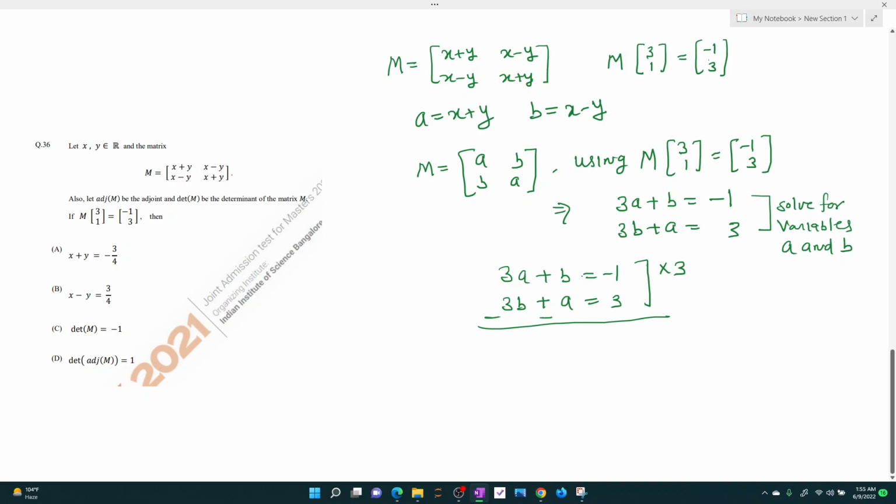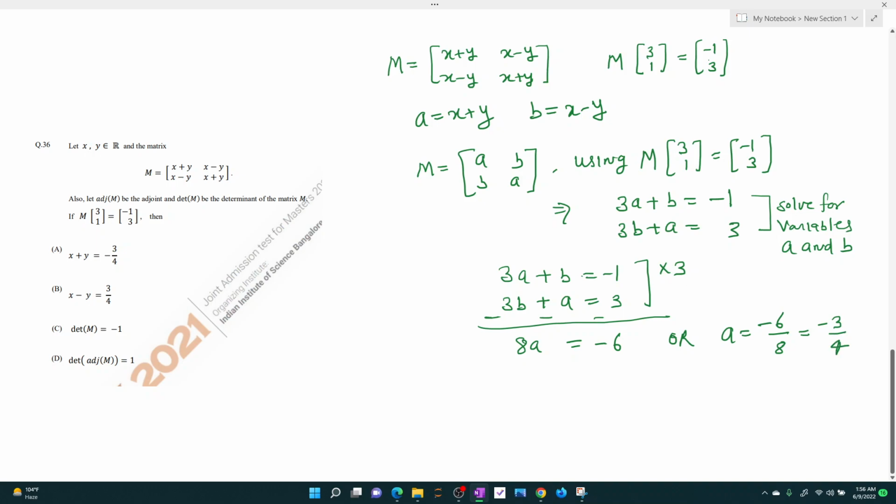So it becomes 9a minus a, which is 8a, and 3b minus 3b becomes 0. On the right it's minus 3 minus 3, which is minus 6. So the value of a is minus 6 by 8, which is the same as minus 3 by 4, right?